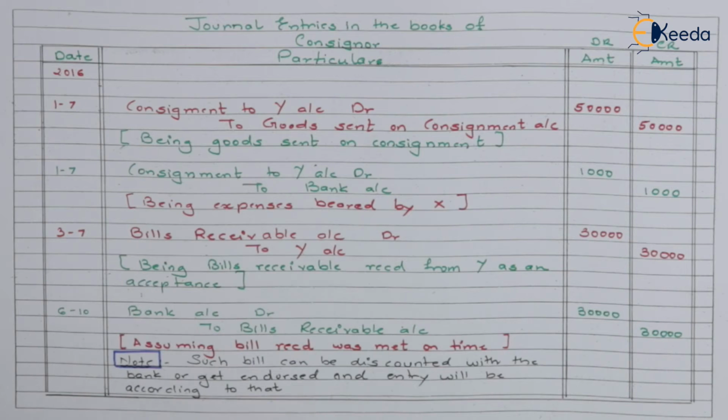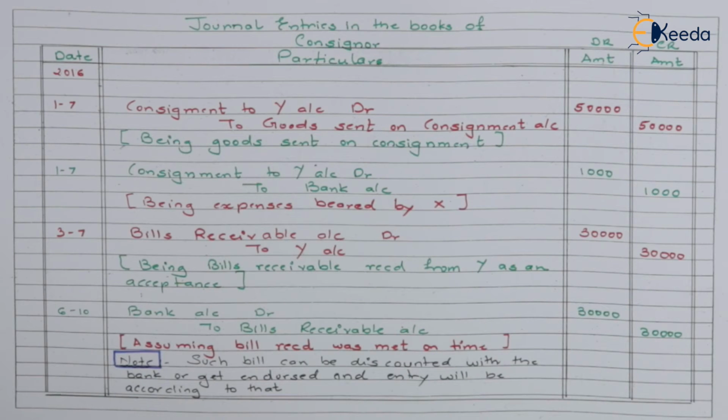If that is the case, you have to pass the dishonored entry. But if nothing has been mentioned, you assume that the bill has been honored and pass the entry accordingly. So that is one additional entry that you have to make sure of. It is a hidden adjustment, a hidden entry that you have to figure out whenever such a transaction comes into the question.